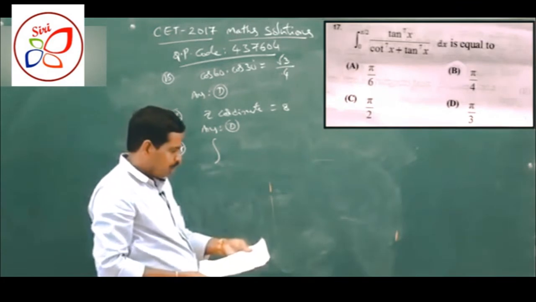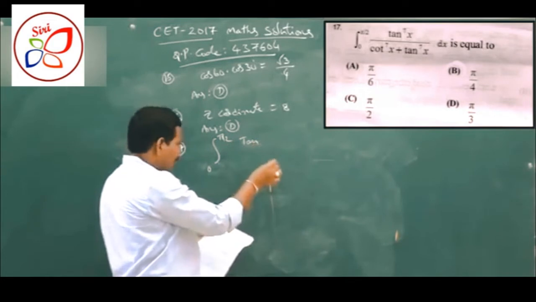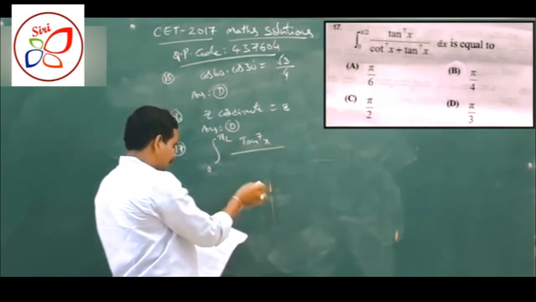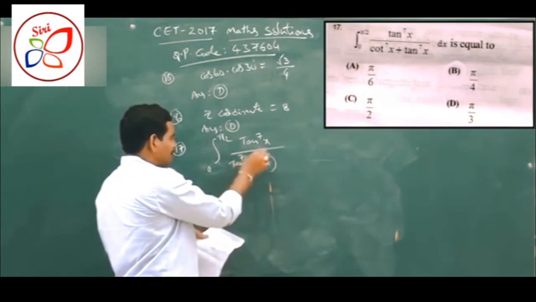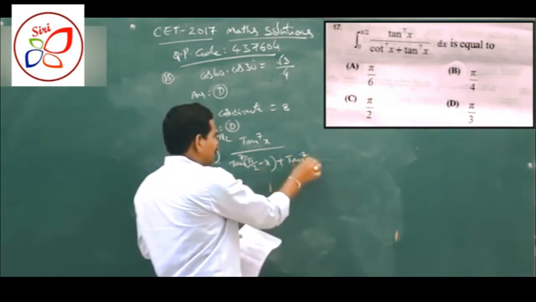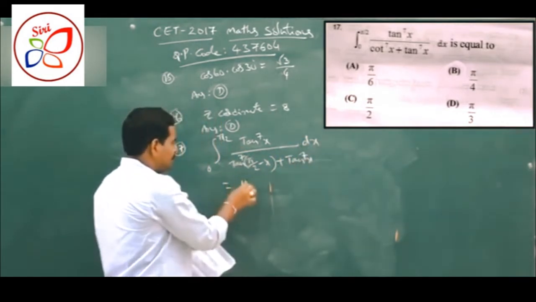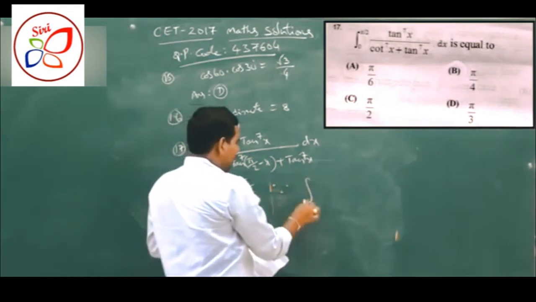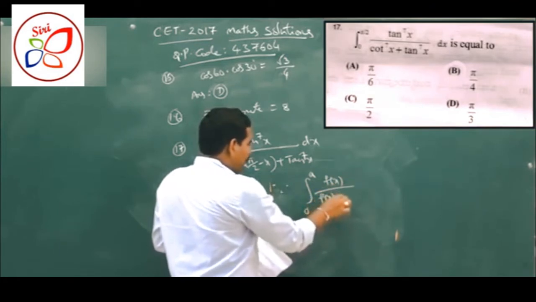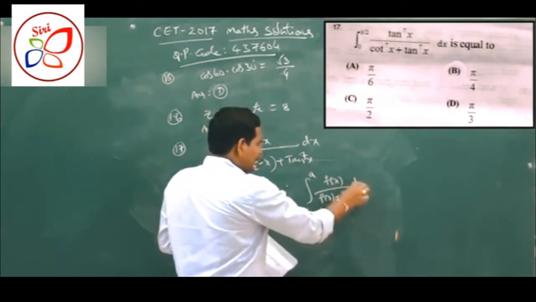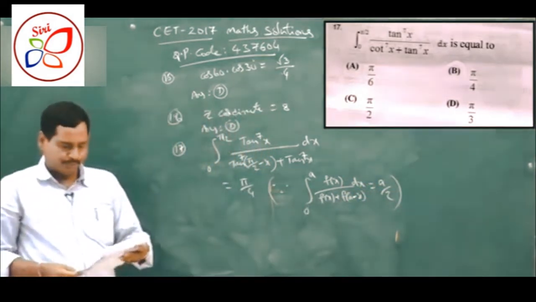Integral 0 to pi by 2 of tan power 7 x by tan pi by 2 minus x whole power 7 plus tan power 7x dx is nothing but pi by 4. Since integral 0 to a of f of x by f of x plus f of a minus x dx, in this form answer is upper limit by 2, a by 2.